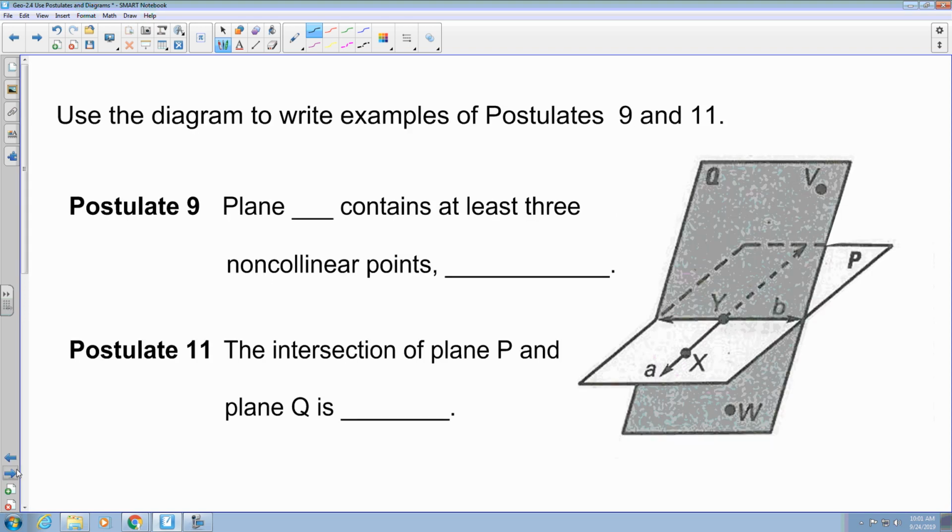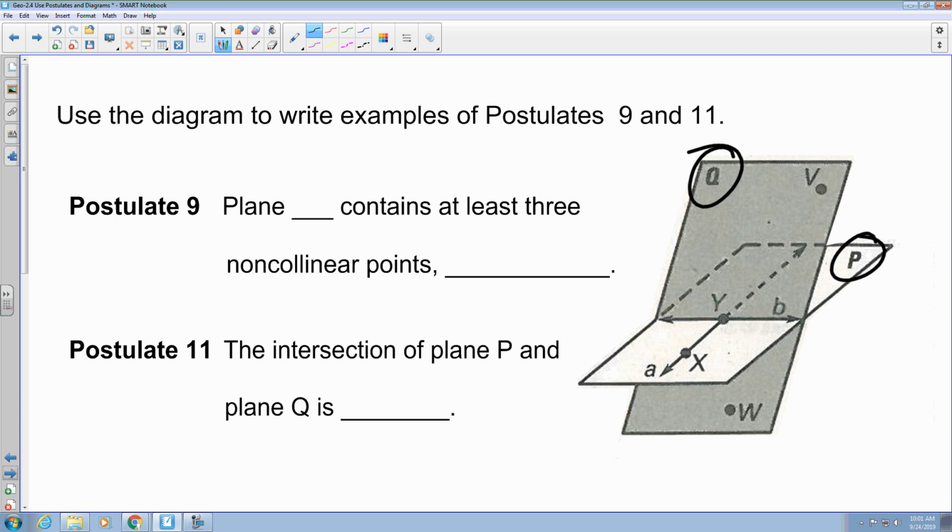Here it says use the diagram to write examples of postulates 9 and 11. I'll just read what postulate 9 says. It says a plane contains at least three non-collinear points. So we have two planes apparently, plane Q and plane P. There's no dot next to them, so it doesn't establish a point.